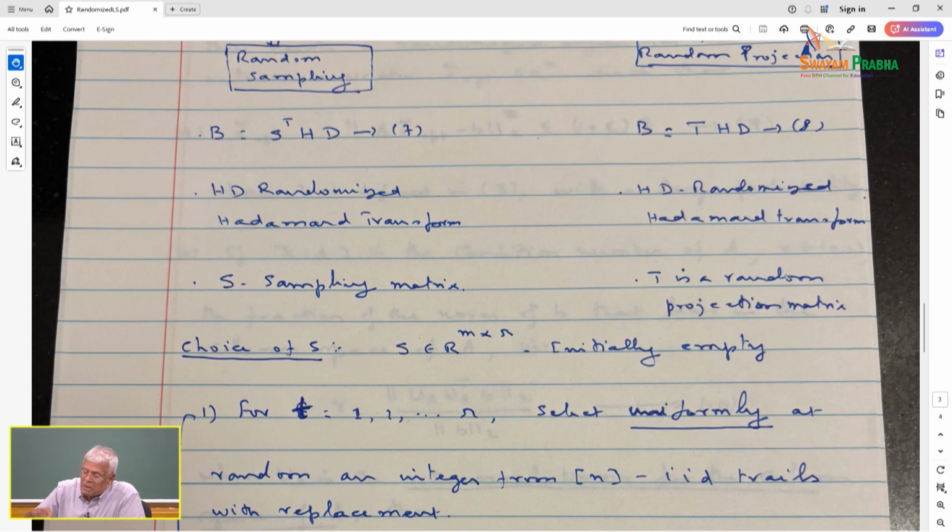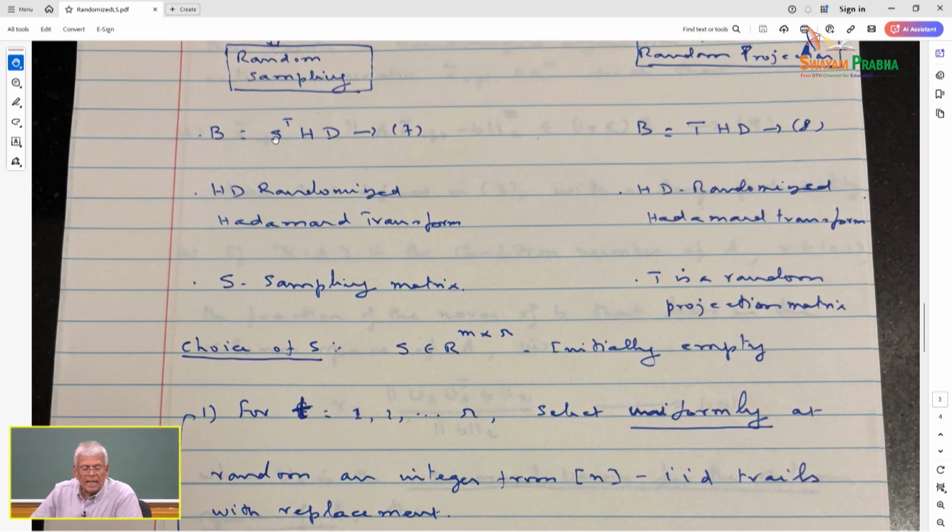I have already talked about the choice of random projection at great length. So, implementing B as T times HD in equation 8 is rather straightforward.